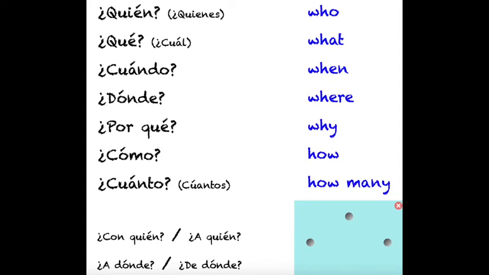But remember, in Spanish, if you're going to use a preposition like con, meaning with, that needs to go at the beginning of the sentence. ¿Con quién vas al cine? With whom are you going to the movie theater? Another one, de, meaning from or where. ¿De dónde eres? From where are you? Okay?